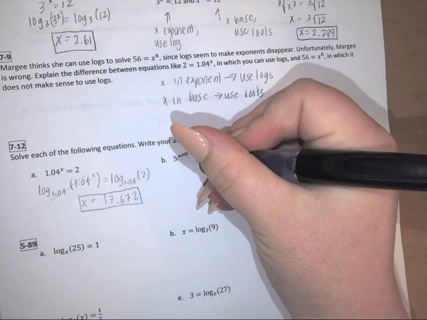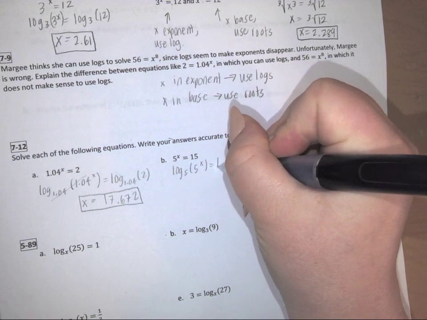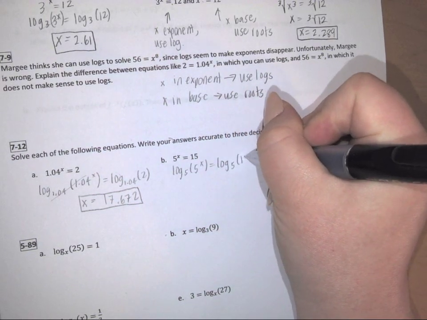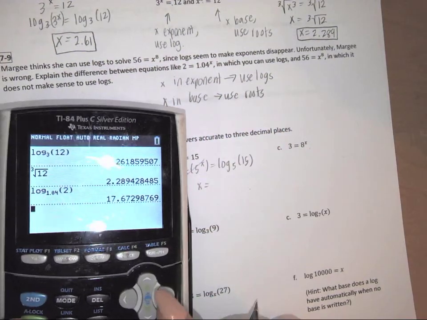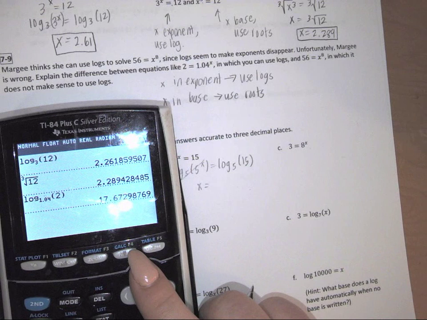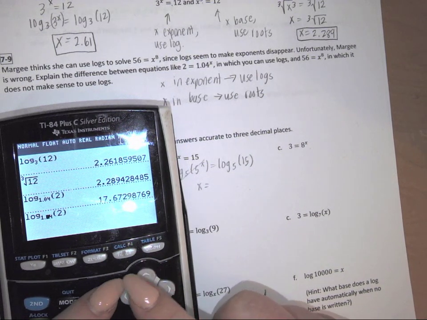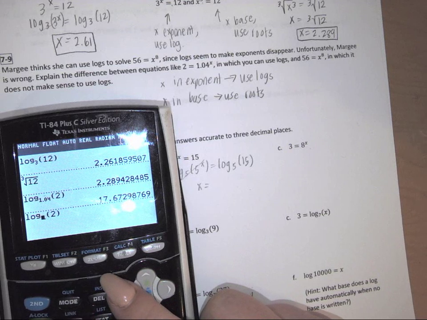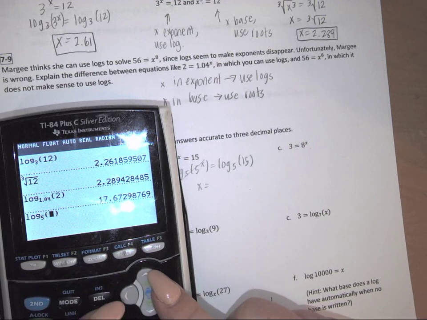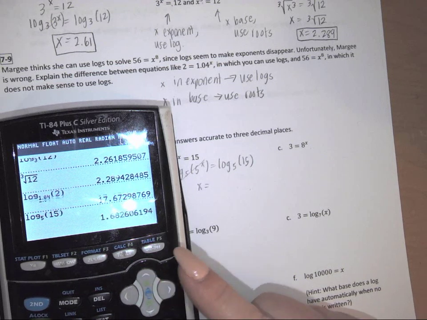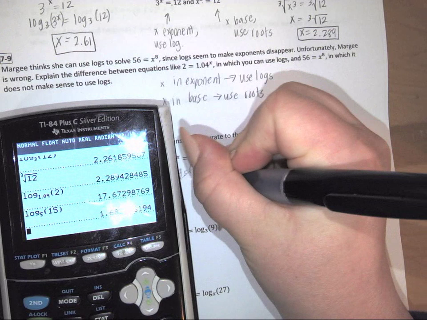Here, the base of the exponent is 5, so we log base 5 of both sides. Those go away and you get x equals, and then again just change these numbers, use the delete button, and you get 1.682.